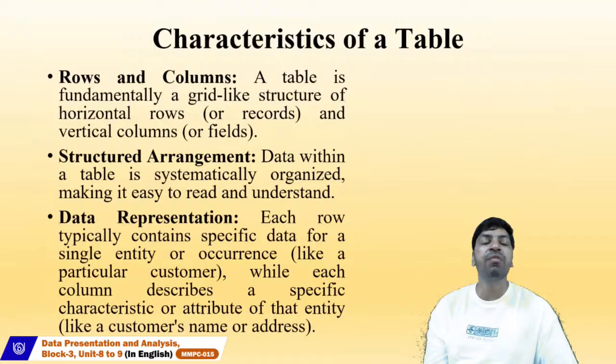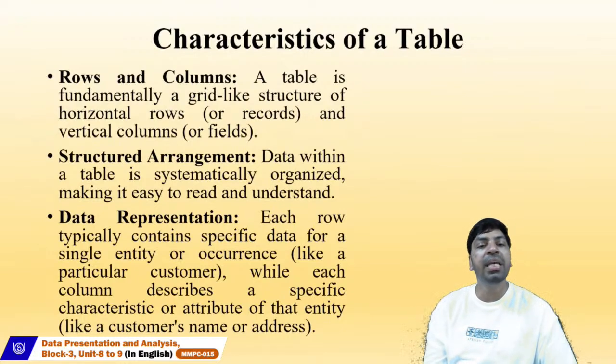Characteristics of the table. The first one is rows and columns. A table is fundamentally a grid-like structure which has horizontal rows and vertical columns. Structure: the arrangement of data within the table is systematic and organized, making it easy to read and understand.